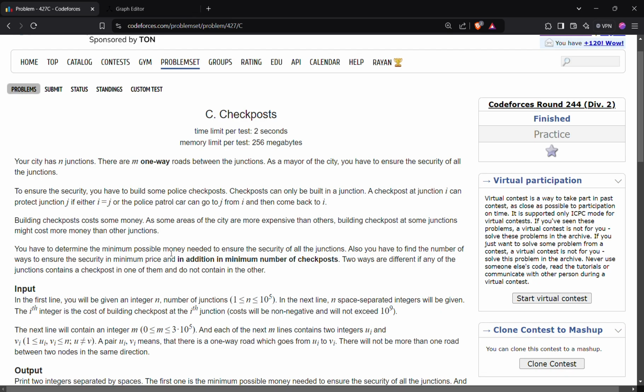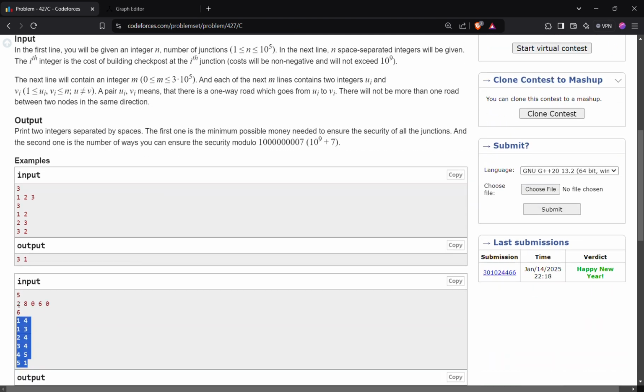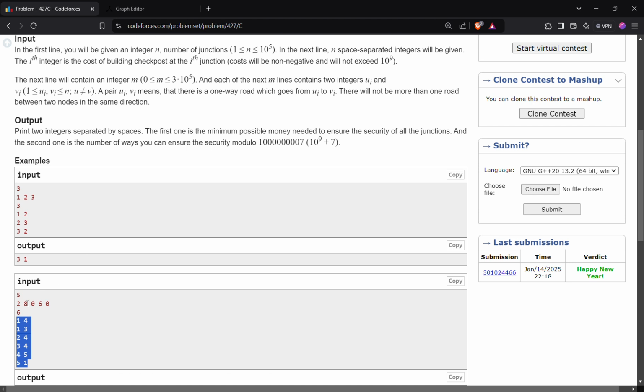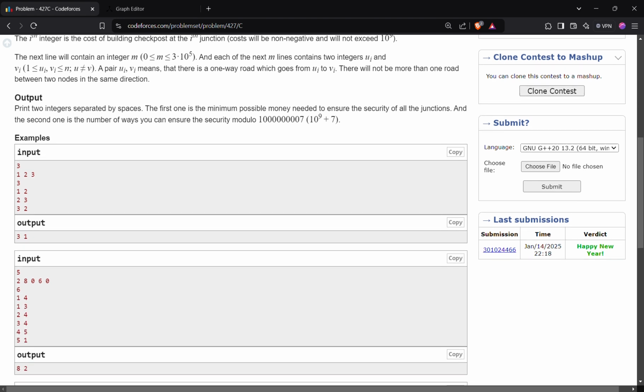So for 1 3 4 and 5, the minimum is 0, right? So basically we will establish a checkpost at 3 and 2. So to establish a checkpost at 2, we need 8 units of cost, and to establish a checkpost at 3 or 5, we need 0 units of cost, right?